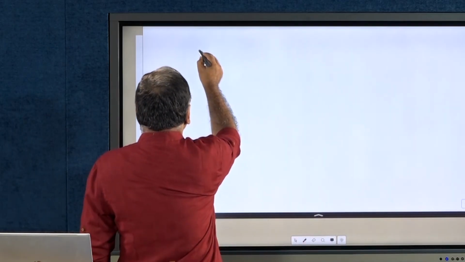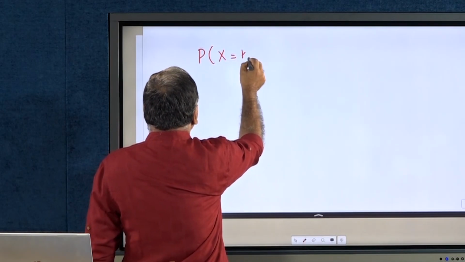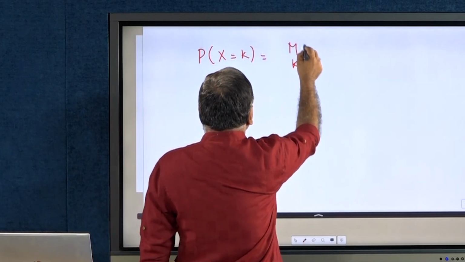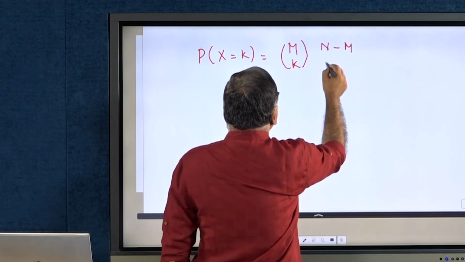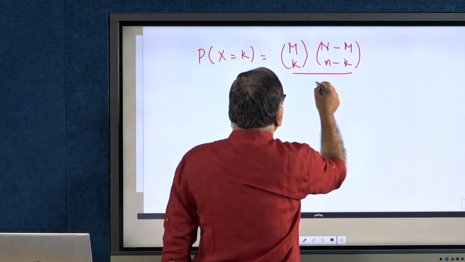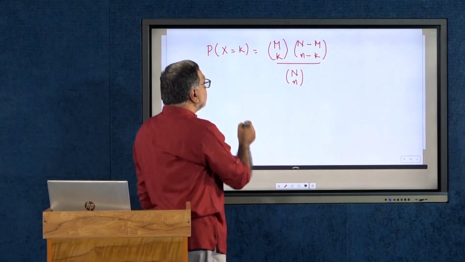Consider the probability of X equal to k here, and that is MCk times N minus M C n minus k, divided by NCn. This is the probability mass function.